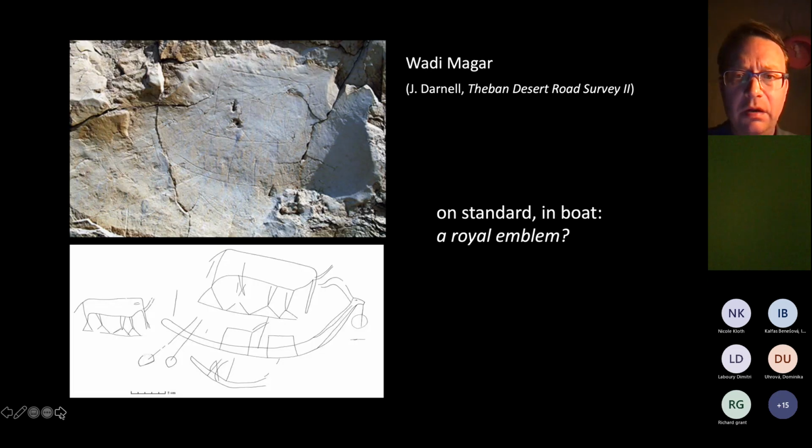And at the time of UJ itself, you have, again, I showed this before, this rock inscription from the Wadi Magar, where our emblem is on a standard in a boat and repeated in the place where just a few generations later you could have the royal name, which leads to the hypothesis that at least at this moment in time, it could have been a royal emblem.